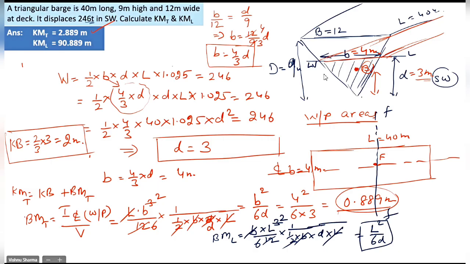Correct? This will be equal to 40 square by 6 into 3. And this will come 88.889. And you add 2 meters to it, you'll get this KML answer.